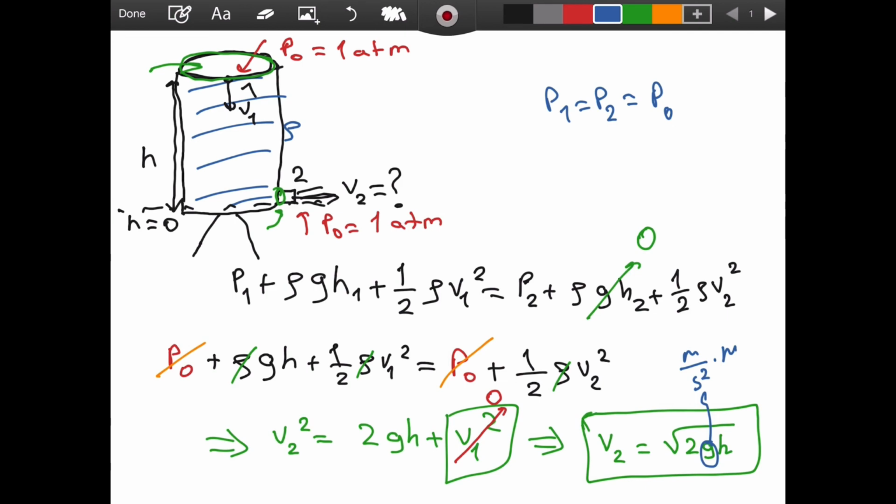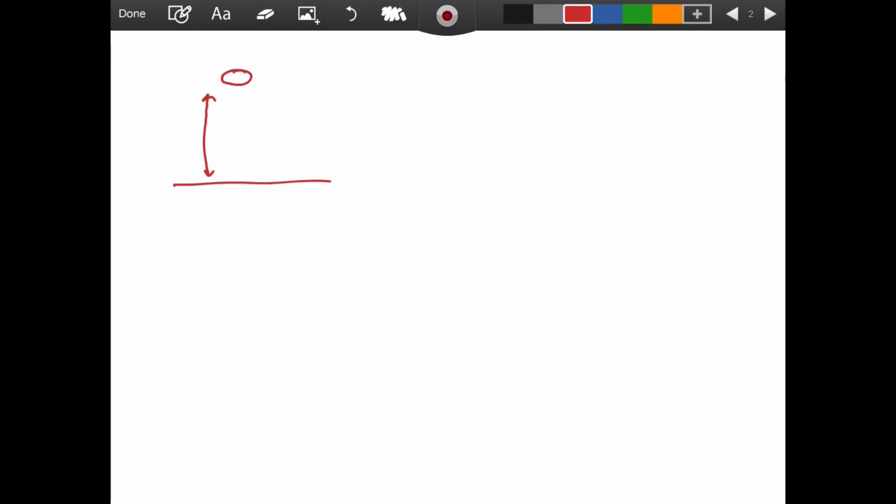And I also want to point out that this is the same formula for speed that you would get if you were to release a ball, let's say, from height h. You would get the same velocity. And how do I know this? Well, think of it using the conservation of energy. We could say it has an initial energy of mgh, the gravitational potential energy, and I derived the formula for this. You can access it from the card right now.